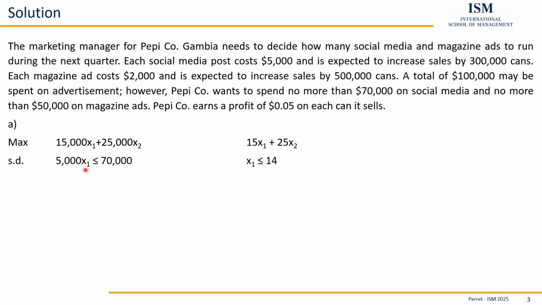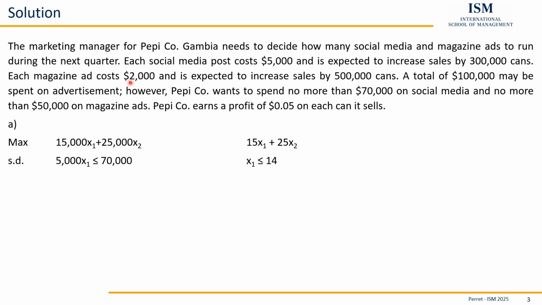Again, that's quite large numbers, which would make the calculation quite problematic. So we can simply divide it by 5,000, giving us the much easier constraint x1 should be smaller or equal to 14. The same can then be done for magazine ads.